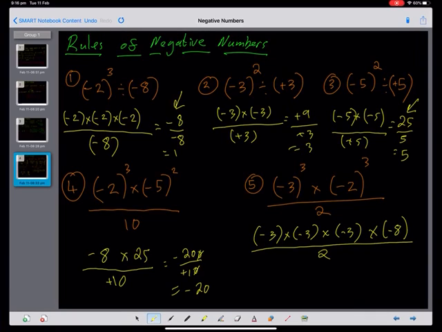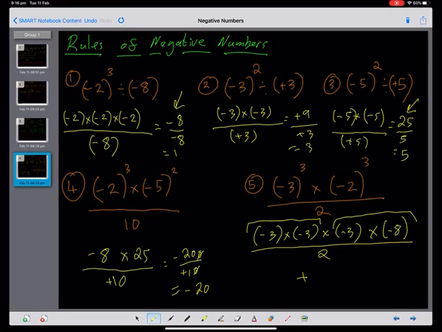Okay, so hopefully you can decide what sign the numerator is going to be. We've got a negative multiplied by a negative, multiplied by a negative, multiplied by a negative. Well, a negative times a negative is a positive. So this is going to give a positive answer, and so is this. So the numerator is going to be positive.